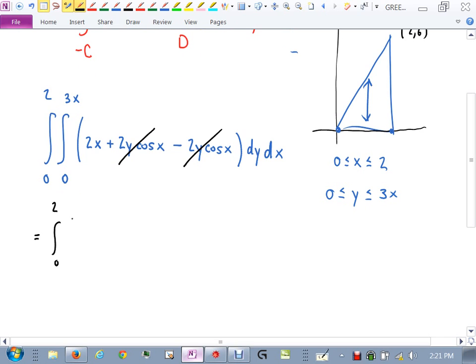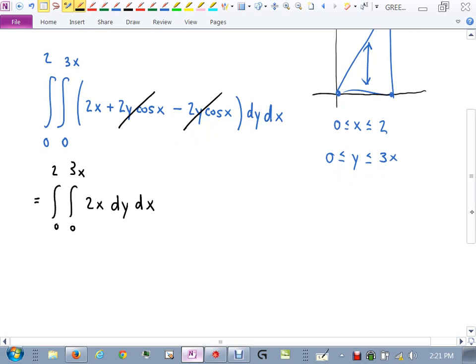Integral 0 to 2, 0 to 3x of 2x dy dx. We integrate that with respect to y first. We get 2xy, 0 to 3x. Replacing what with the 0 and what with the 3x?